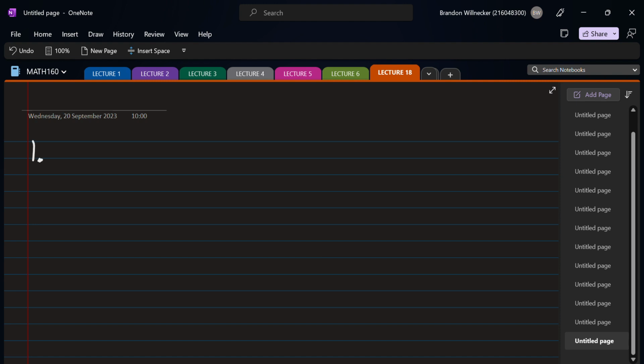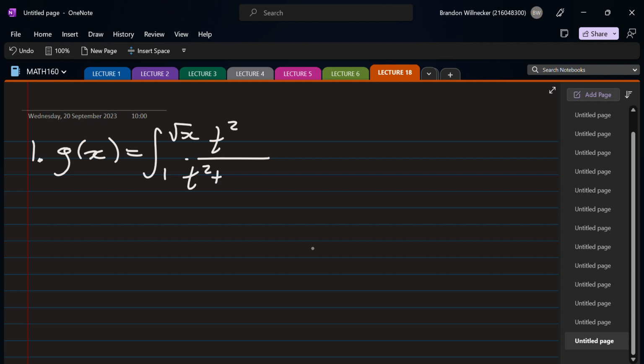Okay, so number one, g of x is equal to the integral from 1 to root x, t squared over t squared plus 1 dt. So g prime. The first thing we do, remember the derivative and the integral cancel out, and then that top part gets substituted in.